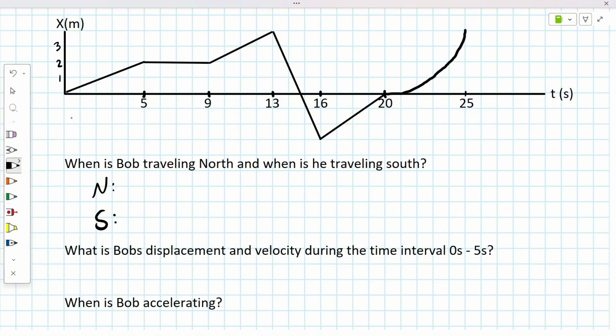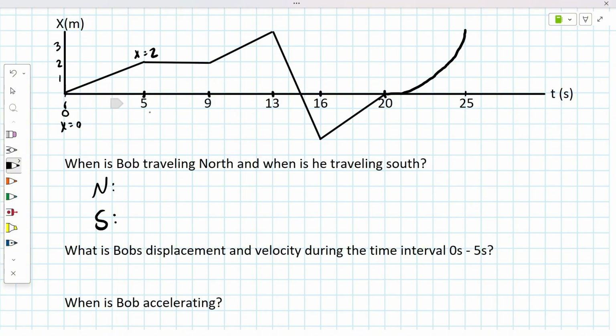So let's just take this first segment here from time 0 to time 5. We see at the initial point, the position is x equals 0, and at the final point, x equals 2, which means during this interval, Bob is traveling towards the positive direction.